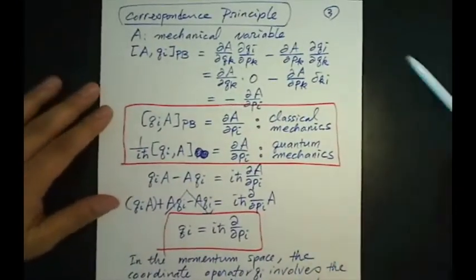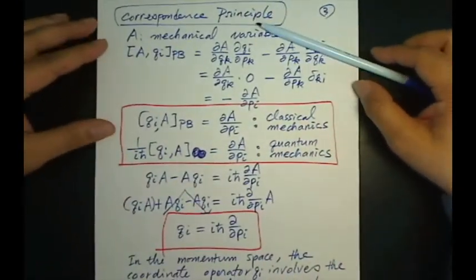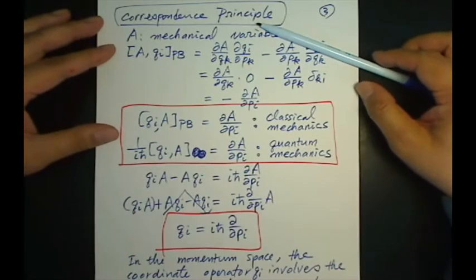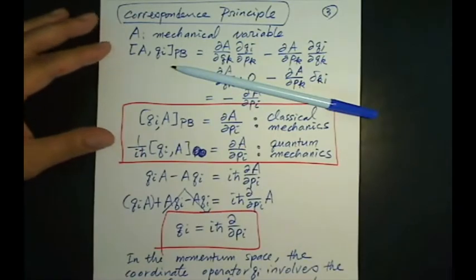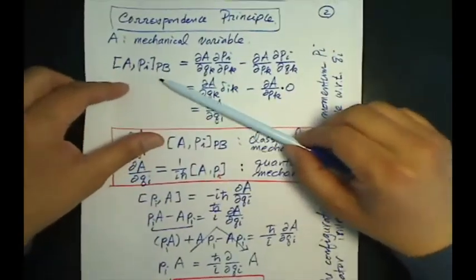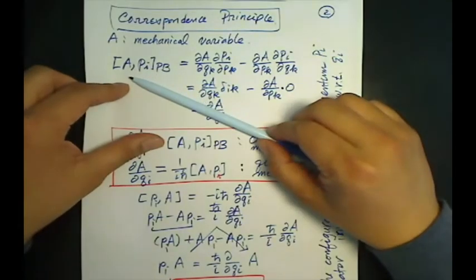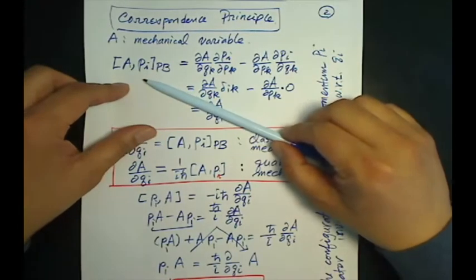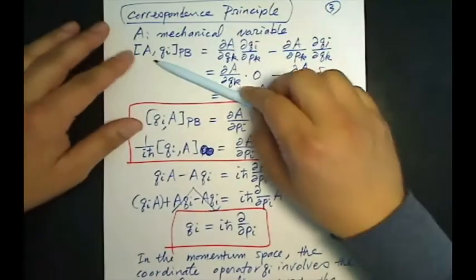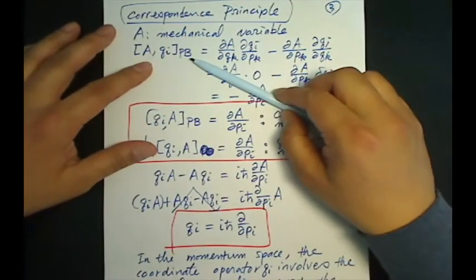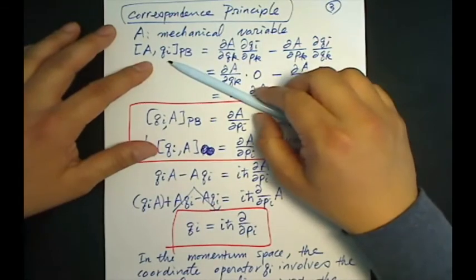The correspondence principle can also be applied to the coordinate. Right before, we considered the Poisson bracket between any mechanical variable and the momentum, and now we consider the mechanical variable's Poisson bracket with the coordinate.